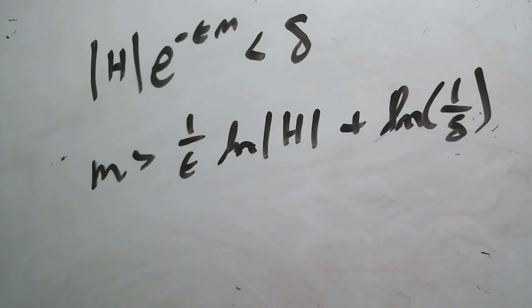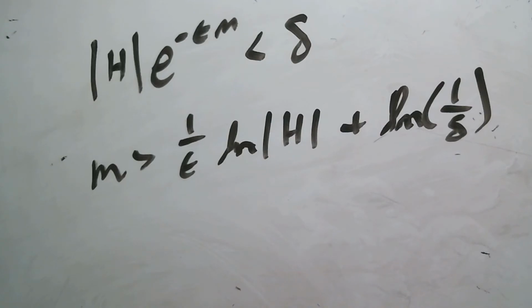Rearranging, this is m greater than 1 over epsilon times the quantity natural log of the size of the hypothesis space plus natural log of 1 over delta. As we can see, this is polynomial in 1 over epsilon and 1 over delta, so finite hypothesis spaces are PAC learnable by consistent learners.